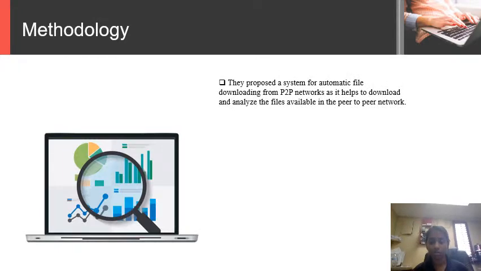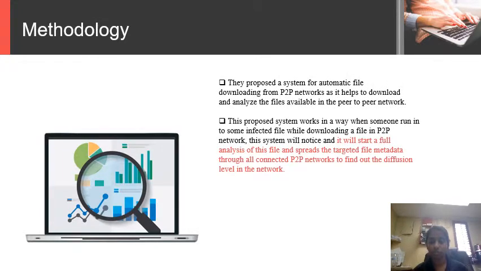Methodology. The proposed system for automatic file downloading from peer-to-peer networks helps to download and analyze the files available in the peer-to-peer network. The proposed system works in a way that when someone runs into some infected file while downloading a file in a peer-to-peer network, the system will notice and start a full analysis of this file and spread the targeted file metadata through all connected peer-to-peer networks to find out the diffusion level in the network.